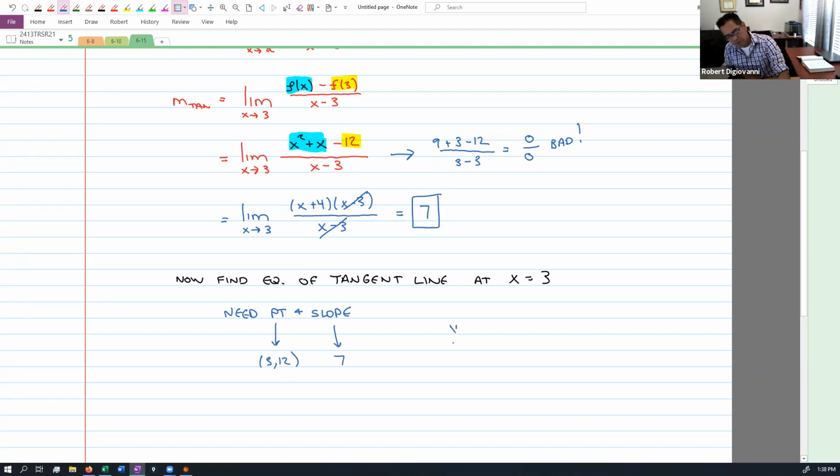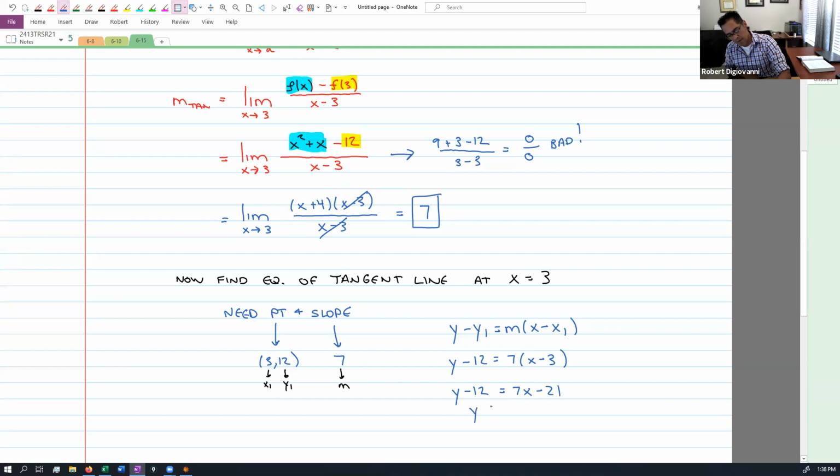And if we just use the formula y minus y1 equals m times x minus x1 from college algebra, and remember that the 3 is the x1 and the 12 is the y1, then we're in business, right? This is our m. So this should become y minus 12 equals 7 times x minus 3, which is y minus 12 equals 7x minus 21.